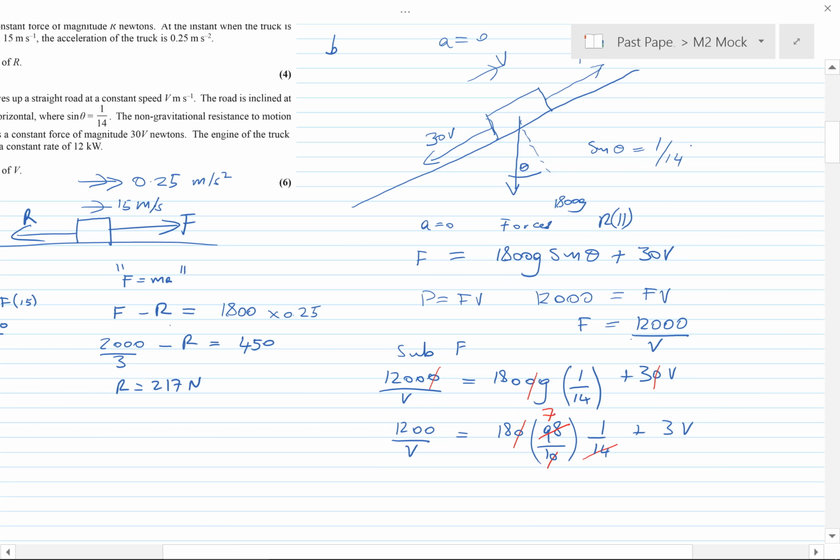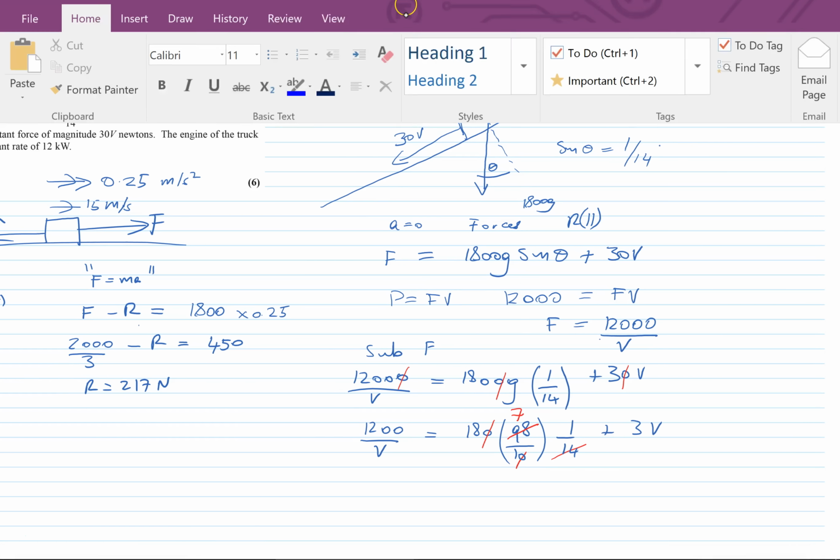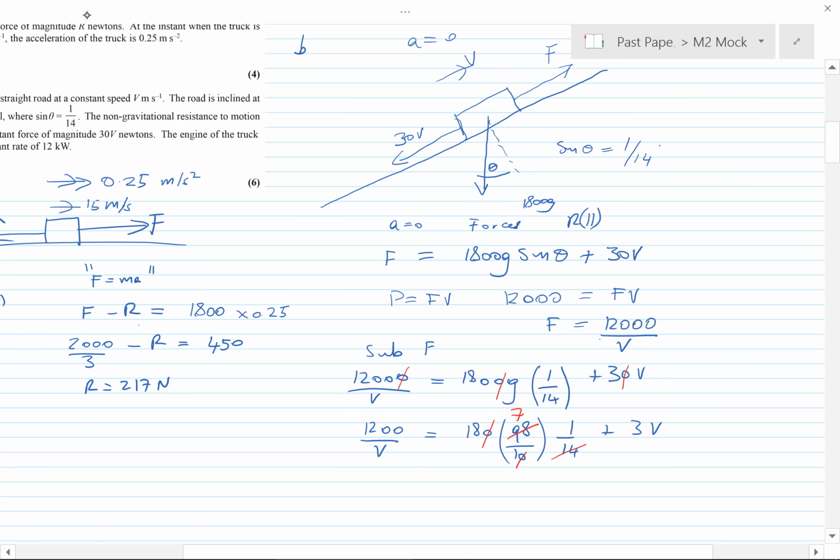Okay, a bit fiddly, but I think it's going to work out. This is just tidying up, and that's going to come to 126 plus 3V.